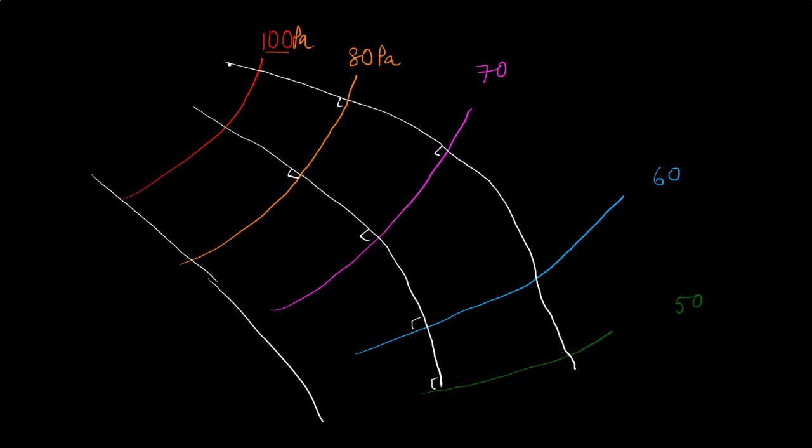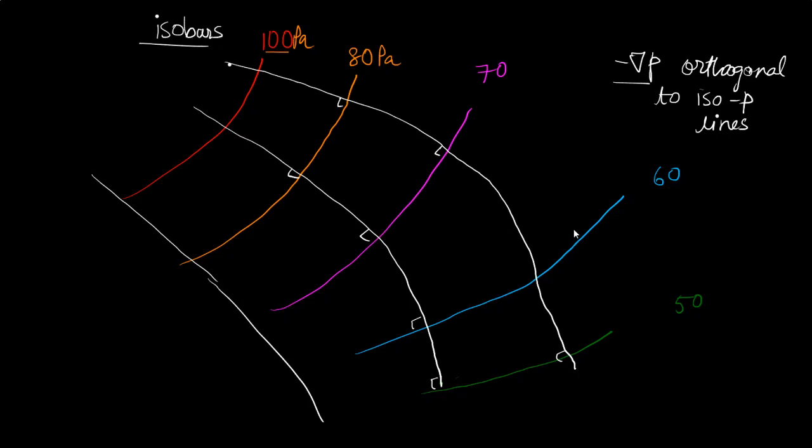That is the property. So minus gradient of P is orthogonal to iso-P lines, also called isobars, and the direction of this particular vector is from high pressure to low pressure. That is the interpretation of the gradient.